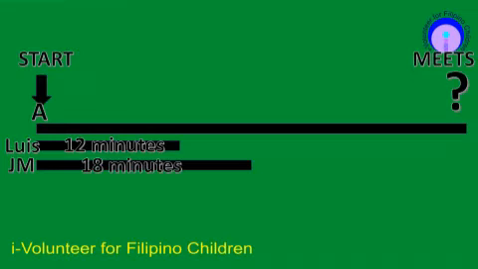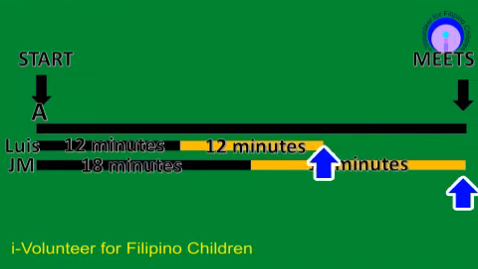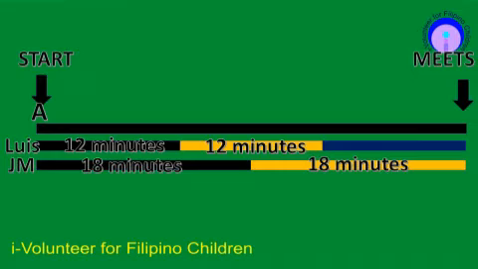For their first round, were they able to meet at point A? No. Hindi sila nagpang-abot. Louise again continues to run for another 12 minutes. JM ran for the second time for 18 minutes. Were they able to meet? The answer is no. At the third round ni Louise, they were able to meet at point A.